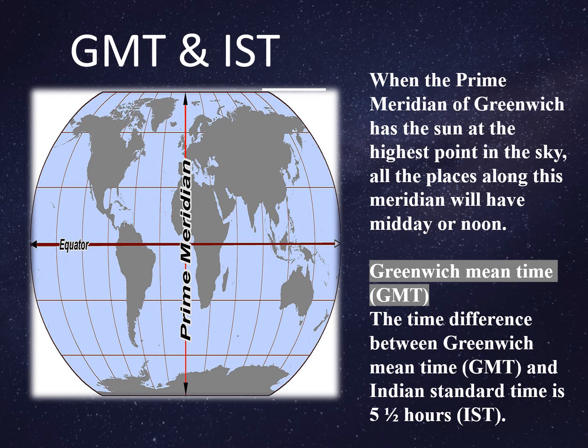The time difference between Greenwich Mean Time and the Indian Standard Time is 5.5 hours, that means 5 hours 30 minutes. That means when it is 12 a.m. at Greenwich Mean Time, we have 5:30 a.m. in India. That is the time difference between India and the Greenwich Meridian.